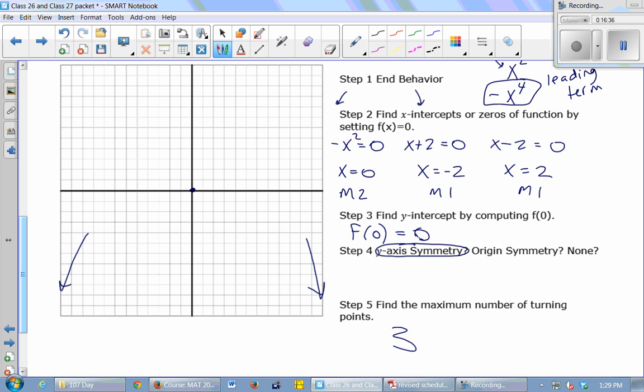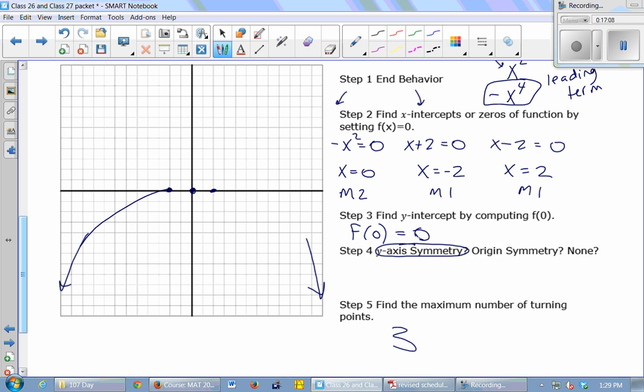My zeros are at 0, -2, and 2. Already, if I didn't know because I looked at the exponents, this is already looking like it has symmetry. So that should be a little hint to you. And then the outer 2 zeros go through the axis because they're multiplicity 1, and the middle one bounces.